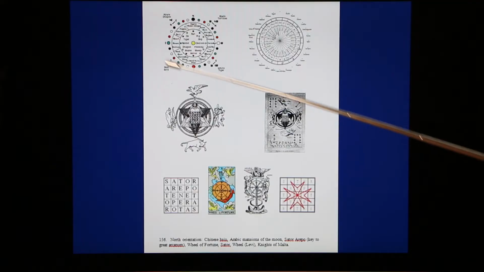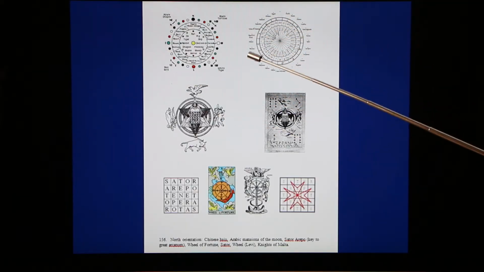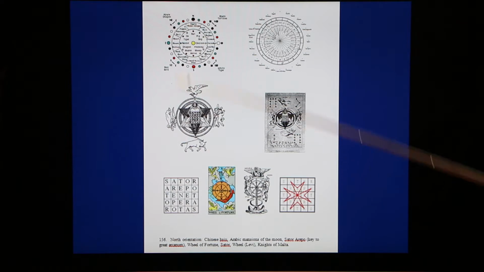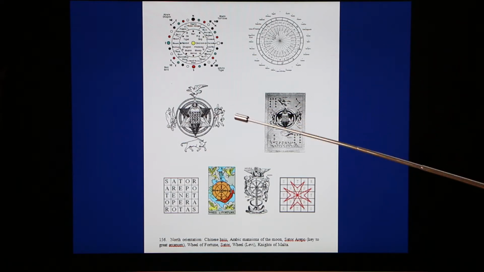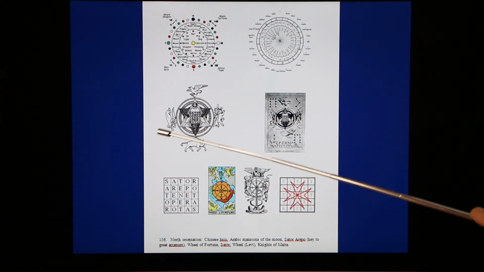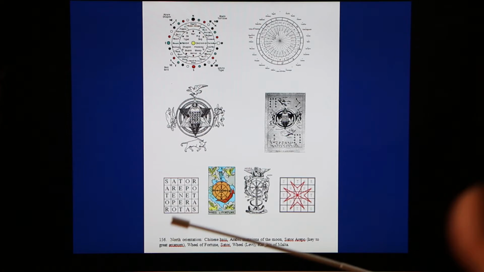Well, the Chinese create 28 Hsiu, which are your nakshatras, and do their version. The Christians link this with a hexagram and have the 4 animals, which start as the 4 royal stars, become the 4 royal animals, and then become the 4 evangelists of the Bible, who supposedly wrote the Bible.